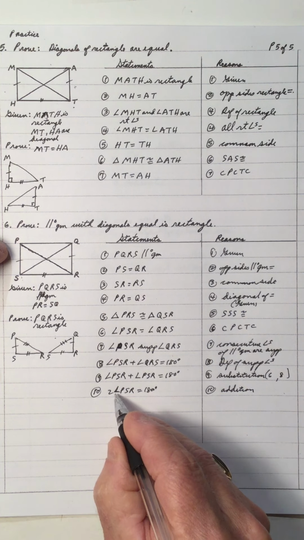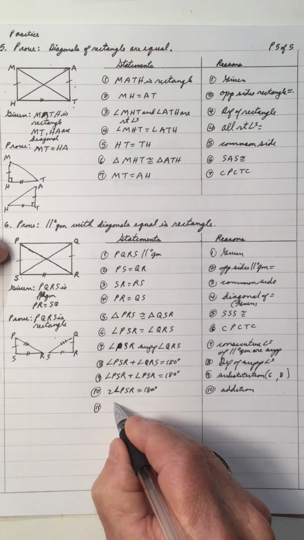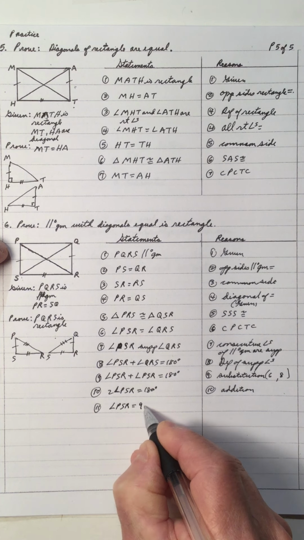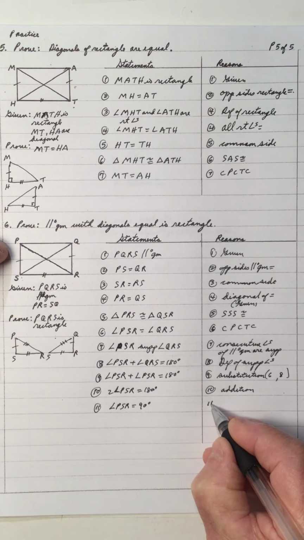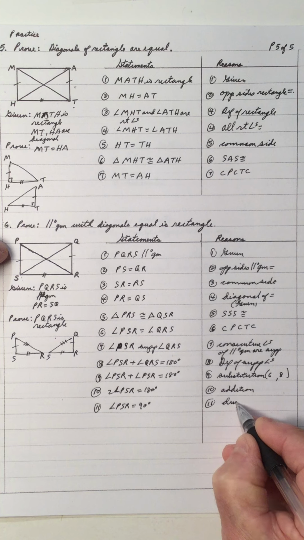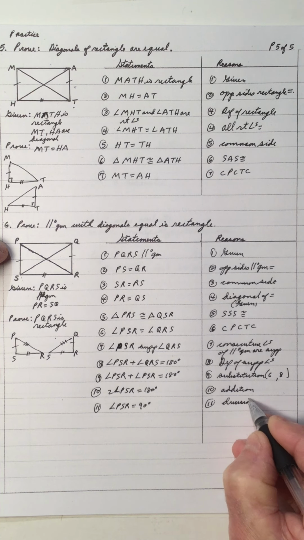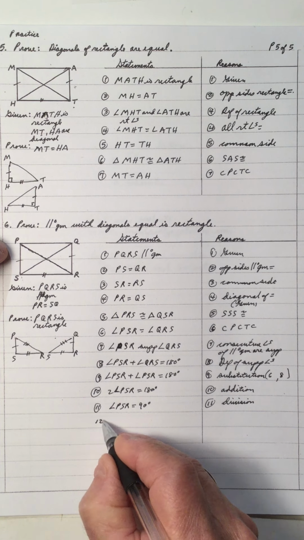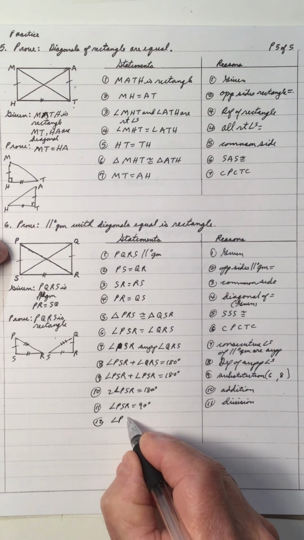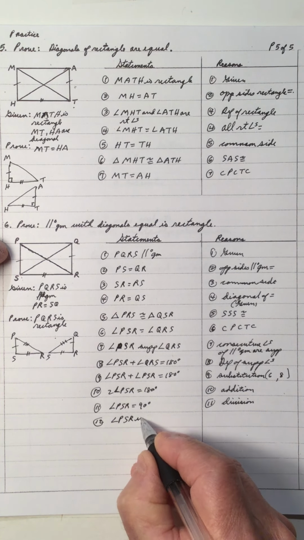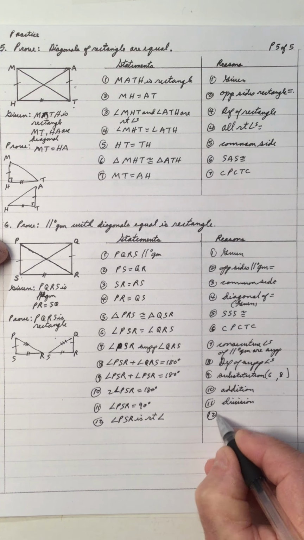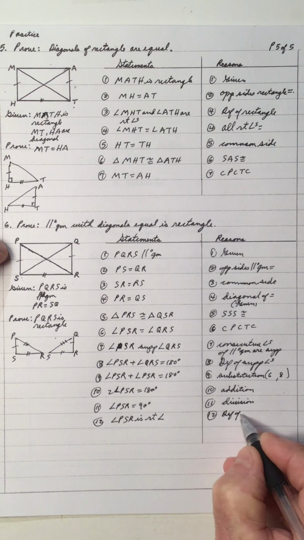We added these two together to get 2 of them, and then angle PSR equals 90 by the division property of equality, and that means that angle PSR is a right angle. Definition of a right angle.